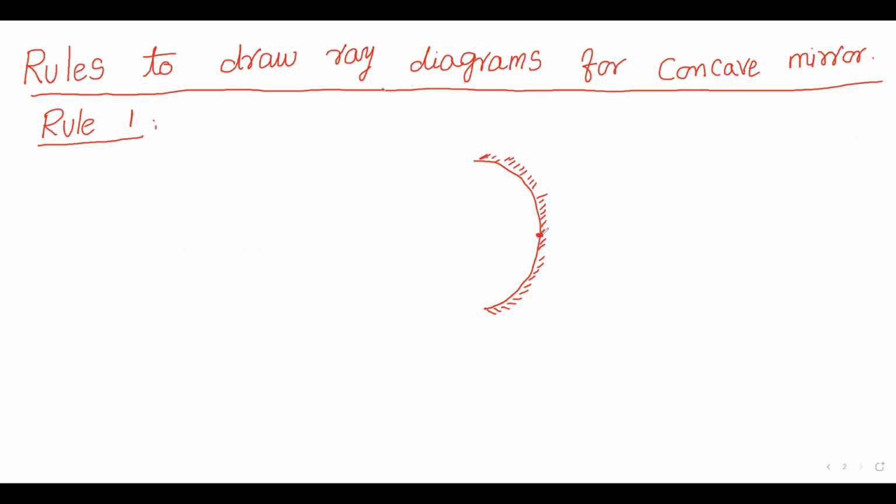This is pole, center of curvature. In the middle you'll have focus, the line passing through center of curvature and pole is called principal axis.